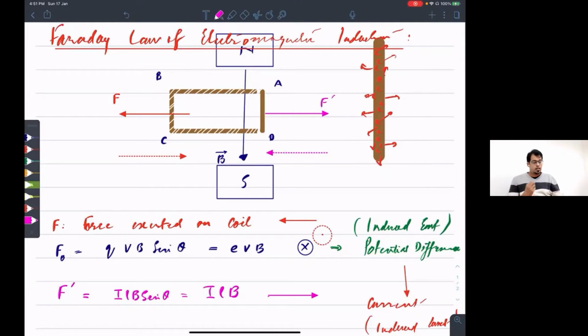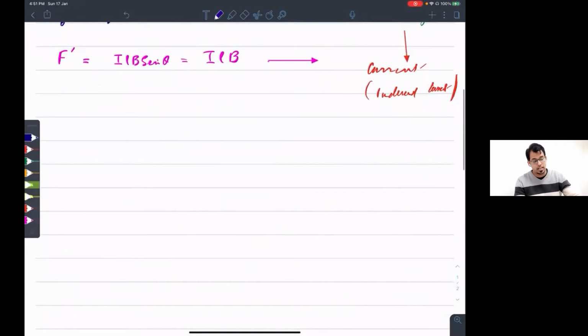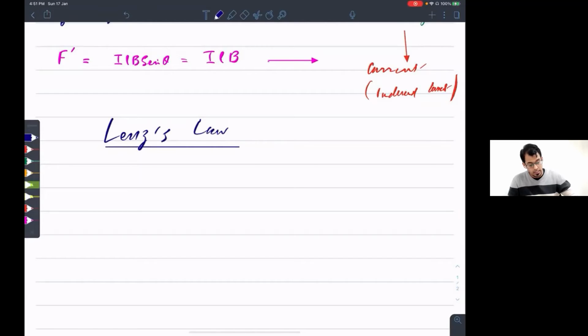So what we say, induced current always opposes the cause which has produced it, and this is known as Lenz's law. What is Lenz's law?